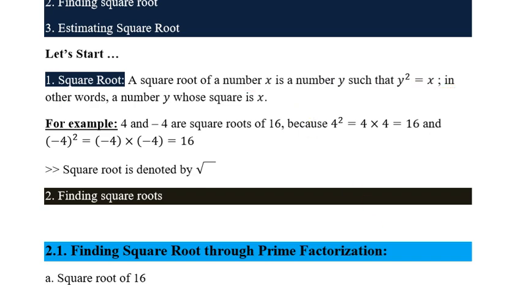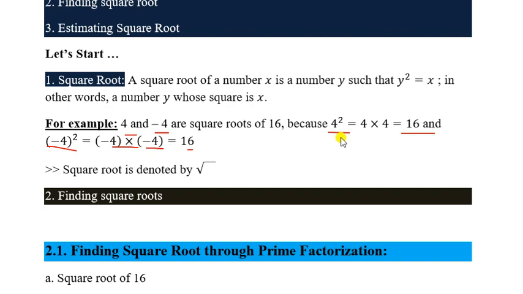Suppose one number is 4 and another number is minus 4. If we find 4 squared, we get 16. If we find minus 4 squared, minus 4 into minus 4, also 16. So from this example we can identify the square root of 16.